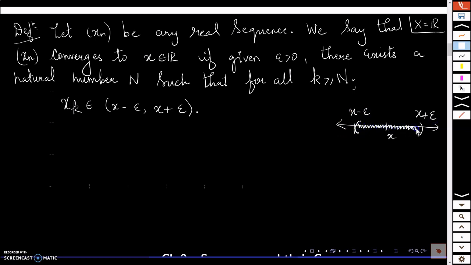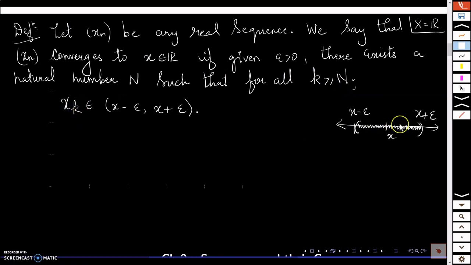So what the definition says is, you give me any epsilon positive, corresponding to this epsilon positive I can find one natural number capital N such that for all natural numbers k which are bigger than or equal to capital N, the terms xk's will belong to this epsilon neighborhood. Okay, and here k takes the values n, n plus 1, n plus 2 and so on, right?